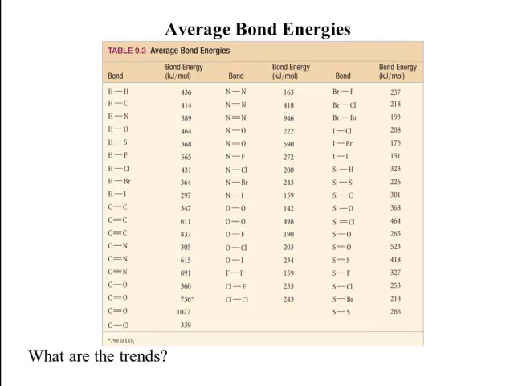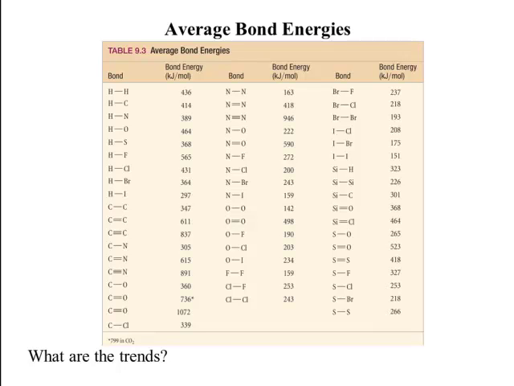In other words, it's going to be harder to break the HF bond than it is the HI bond. Why is that? Well, it goes back to those bond lengths. HF has got a shorter bond length than HI does. HF, the nuclei are closer together. They're going to be closer to those electrons, so it's going to be harder to separate that hydrogen and fluorine from each other because of that. Okay, so the smaller the bond length, the stronger the bond energy.